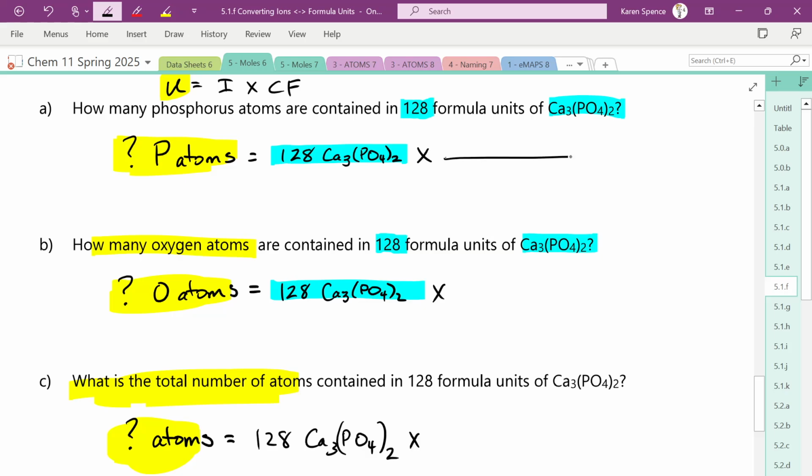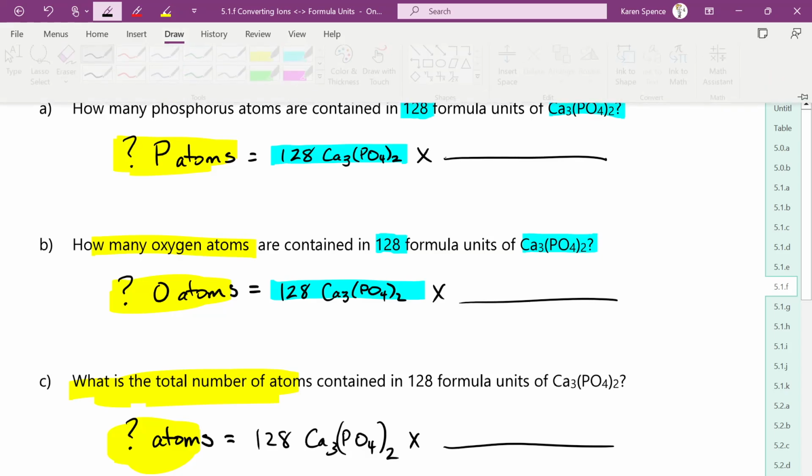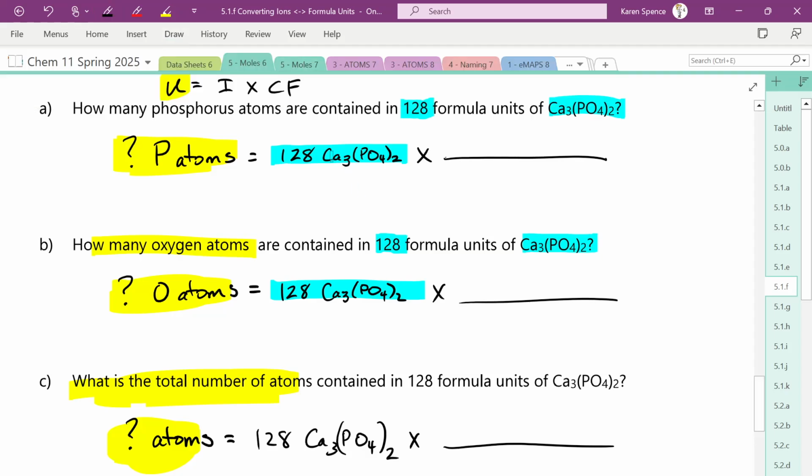So you're going to draw a line. That is going to be your conversion factor. Whatever your initial is, you want to put that on the bottom. Not the number though, just the unit.